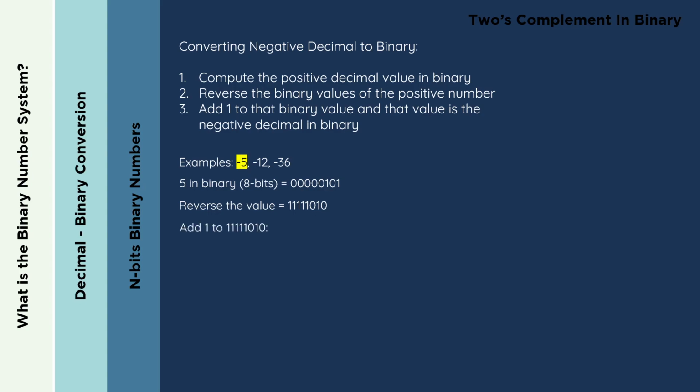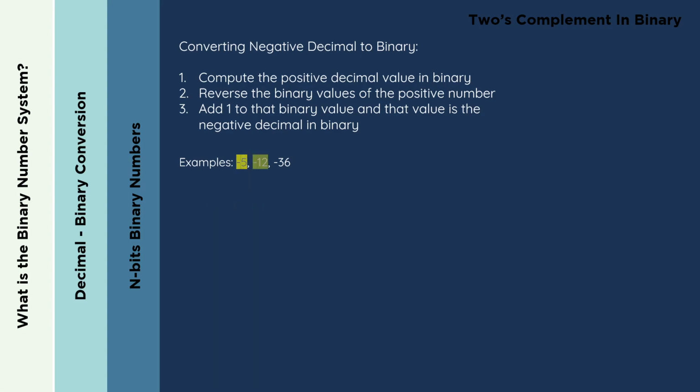And then we add 1 to that value. 0 plus 1, obviously, would be 1. So the final output would be 1, 1, 1, 1, 1, 0, 1, 1. Thus, negative 5 in binary 8 bits is 1, 1, 1, 1, 1, 0, 1, 1.